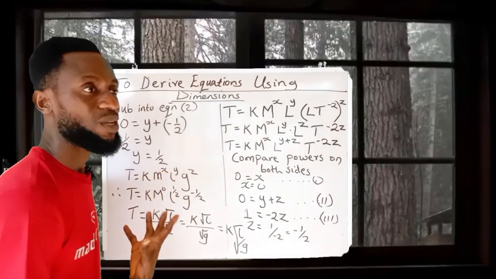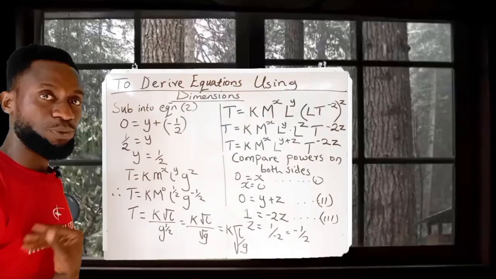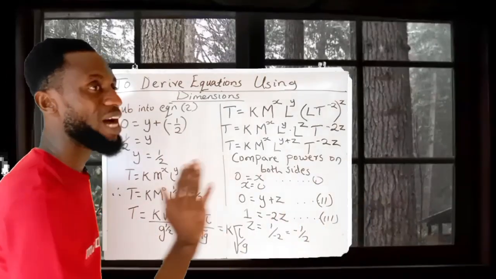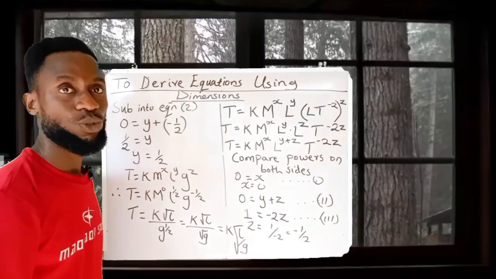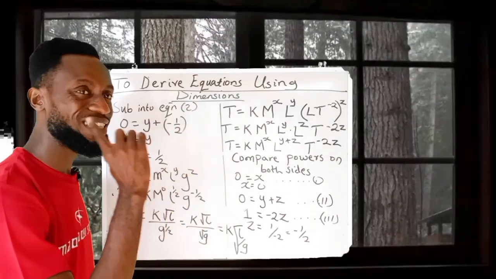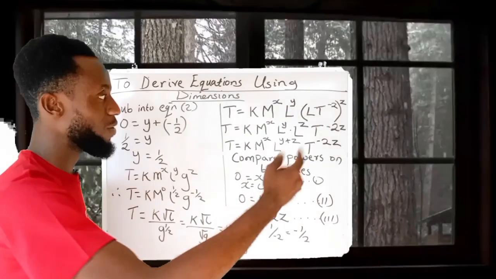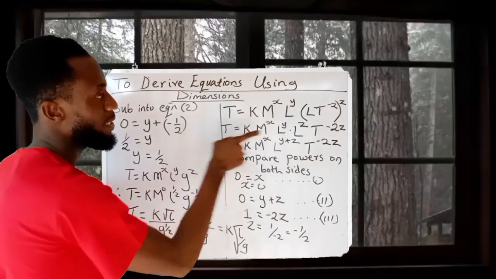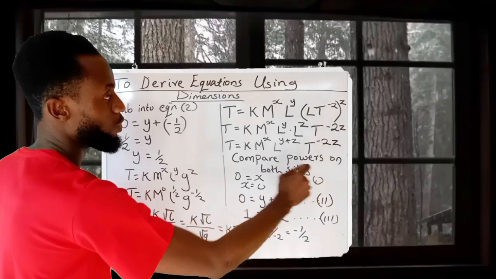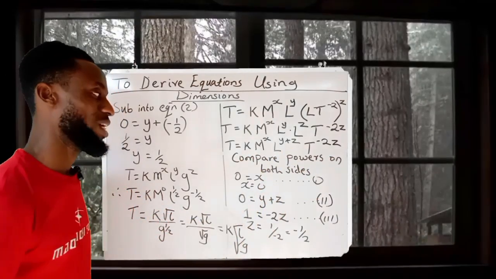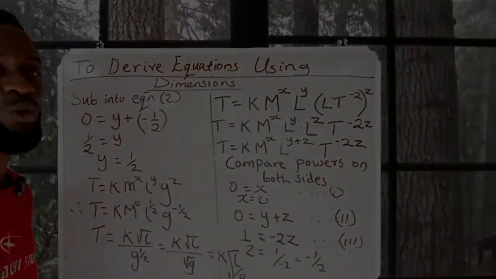When you've opened up, the left hand side will be simple, but the right hand side, you have to now insert those dimensions into the values. And since they were raised to powers, it means you expand each of them according to that power, like we've done, and then bring all common parameters together and solve for the unknown values.